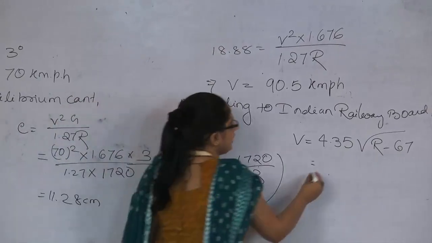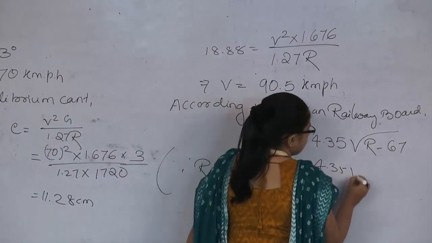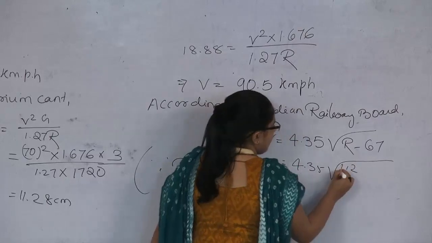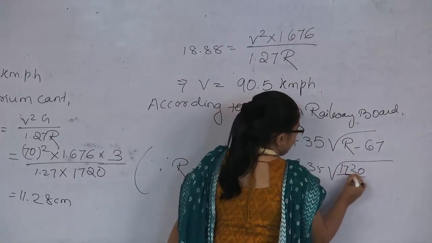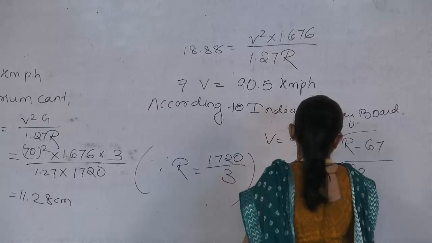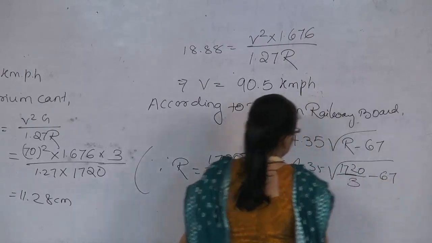So how much will you be getting? 4.35 into root over R, that is 1720 by 3, minus 67. How much?